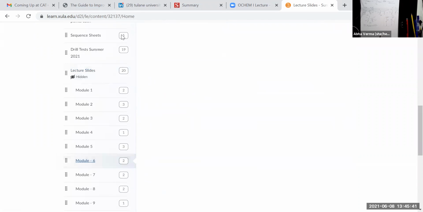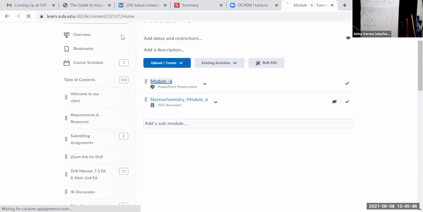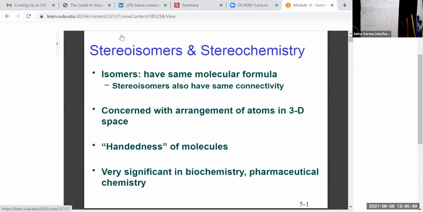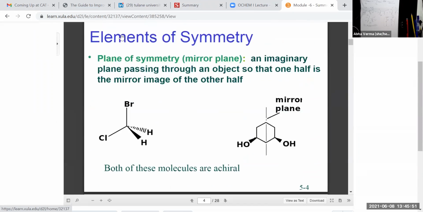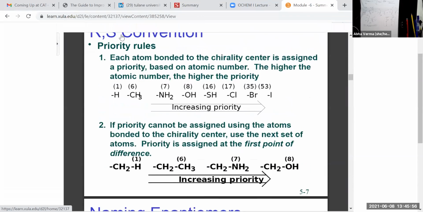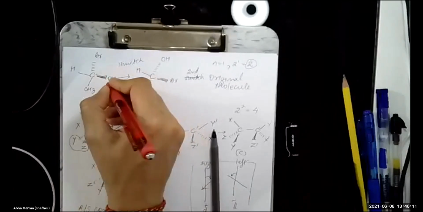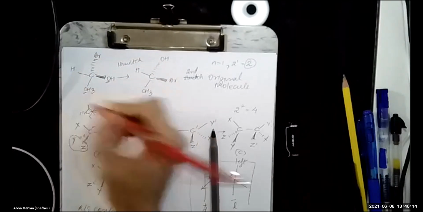So looking at our lecture slides, let's see how priorities are figured out. Remember, we have to look at the atomic number. Let's say that we have a carbon in this particular example, which is the atom directly attached to our chiral carbon.